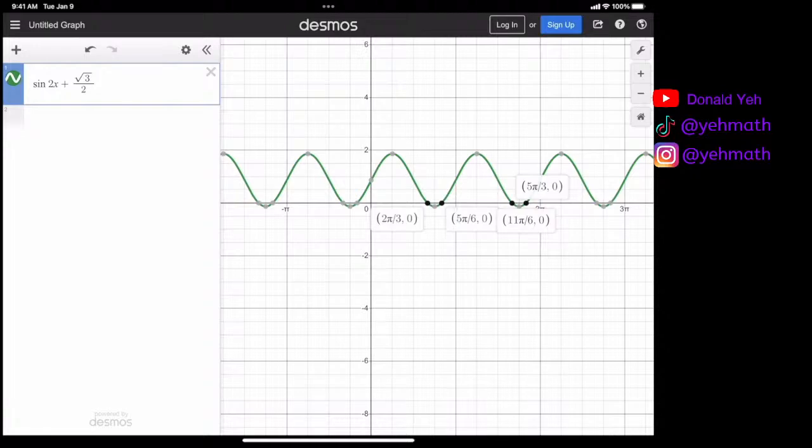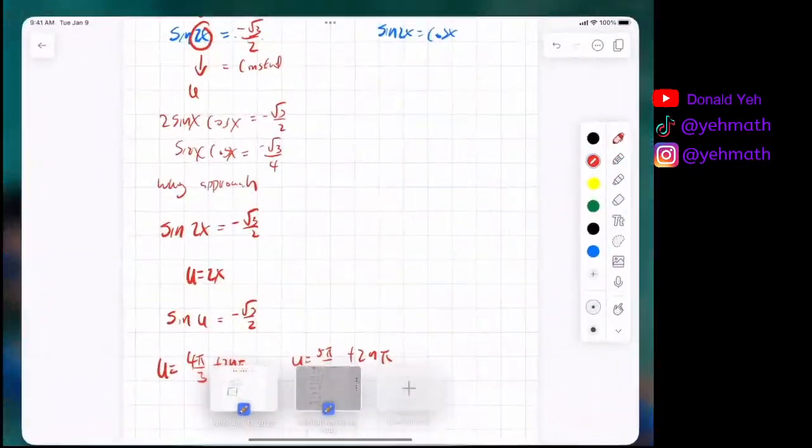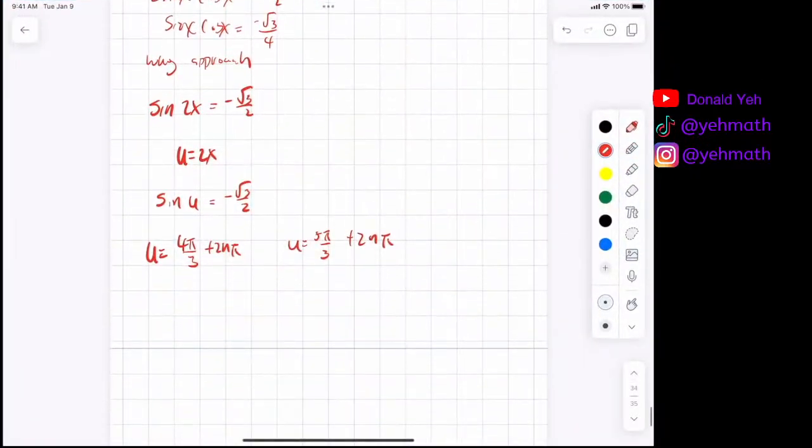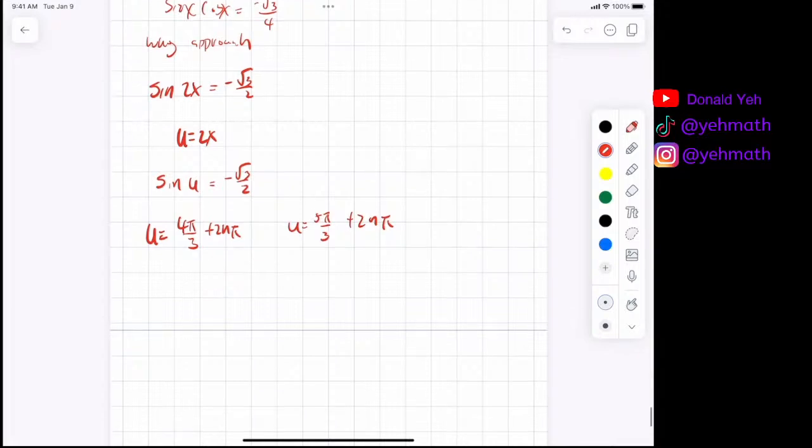Now you've got all those answers, and we ask, how do we find them? Well, here it is. I have 4 pi over 3 plus 2m pi. I have 5 pi over 3 plus 2m pi. And then I'm going to say, okay, u is equal to 2x. Now I'm going to sub back. 2x equal to 5 pi over 3 plus 2m pi.